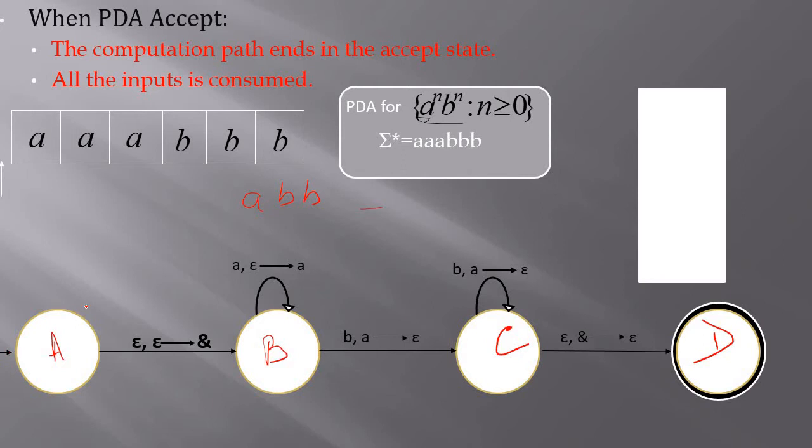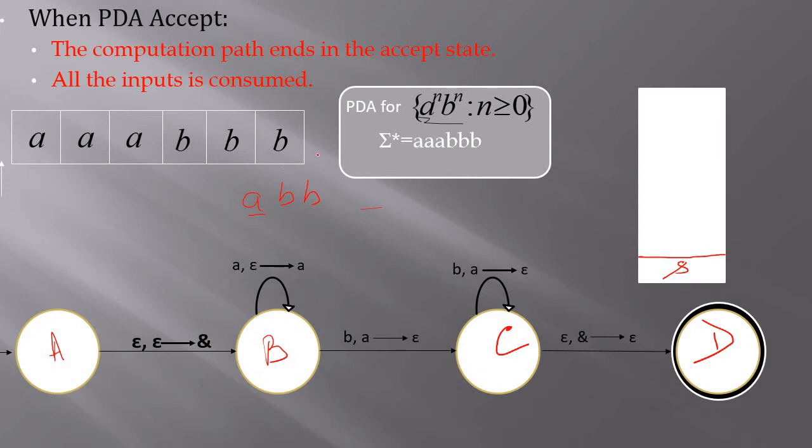If the first alphabet is A, you should be reading A, but the state A says read nothing, pop nothing, but push a special symbol to mark where you have started. So you come from state A to state B. So far you have read nothing, you have just pushed one special symbol into the stack.